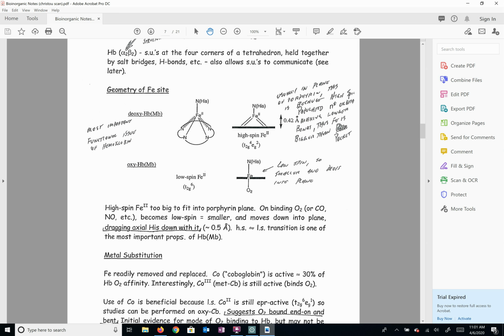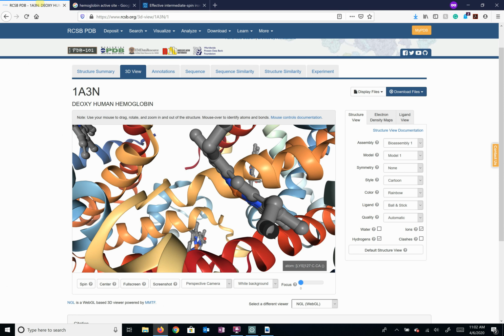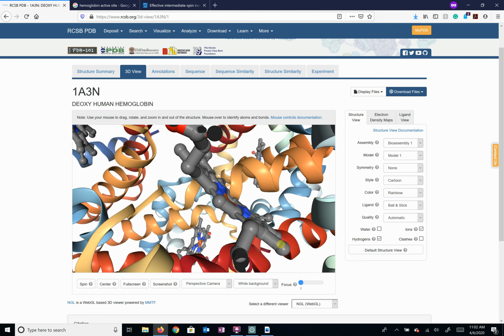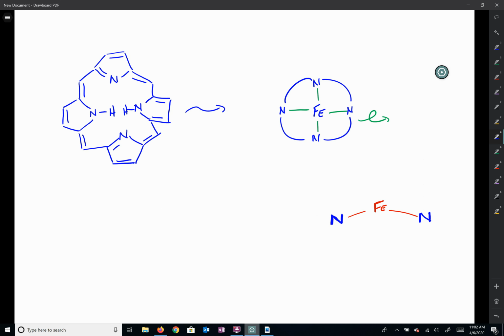Essentially just doing what I'm doing here, looking at this directly from the side on. And if we do that, then down on one end here, we've got a histidine residue. I'm just going to write this like this.